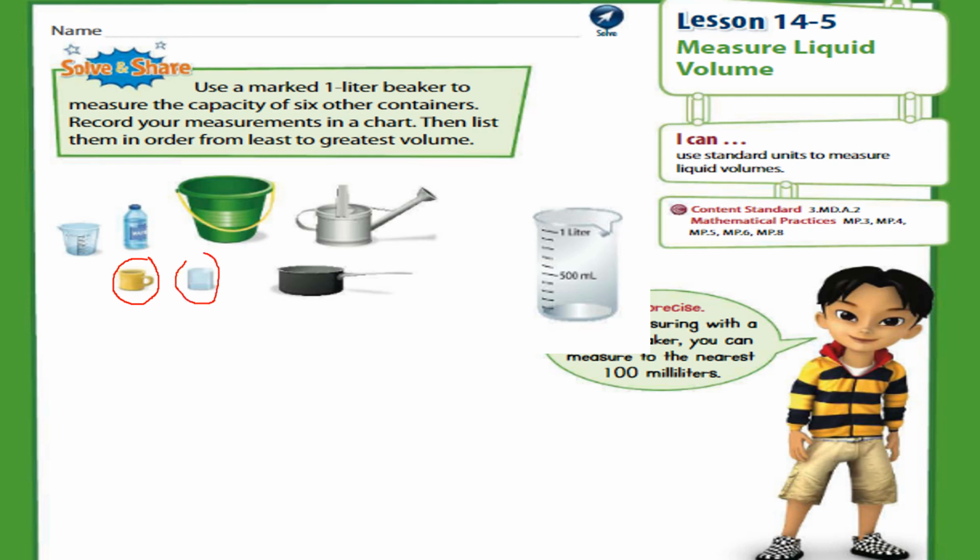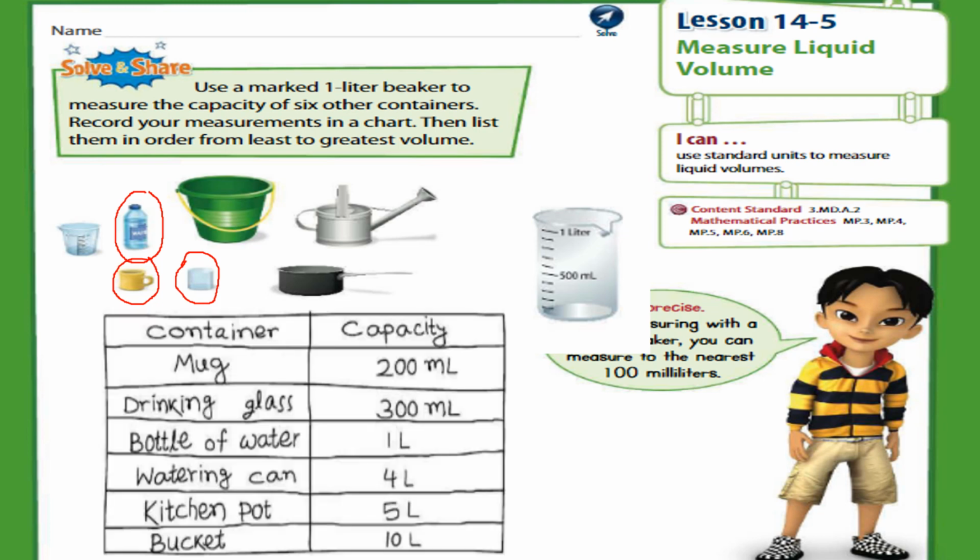Excellent. This drinking glass. And then very nice, this water bottle, and so on. So you have to measure the capacity of the different containers in the picture, and then write them from least to greatest in the chart.